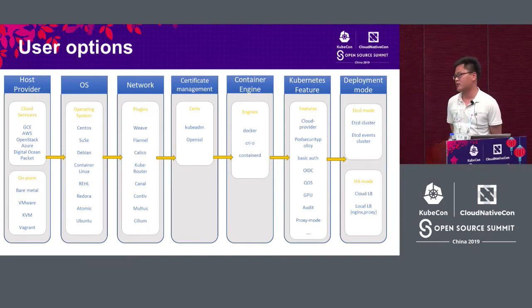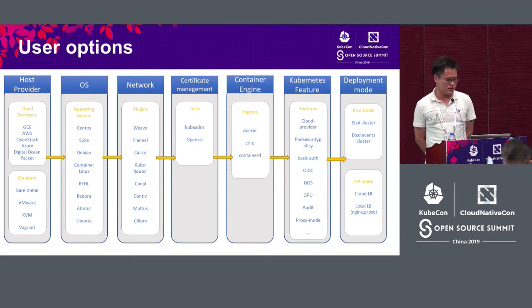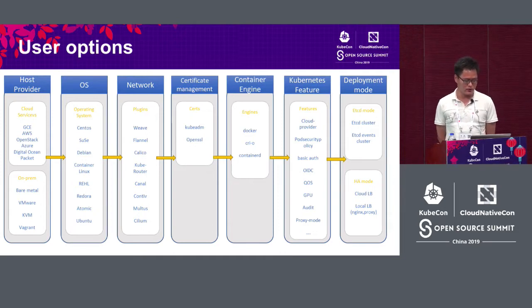Network plugins, it depends on your underlying architecture. For example, Flannel, you can support host gateway. You can use a host gateway to separate the control plane from other planes.